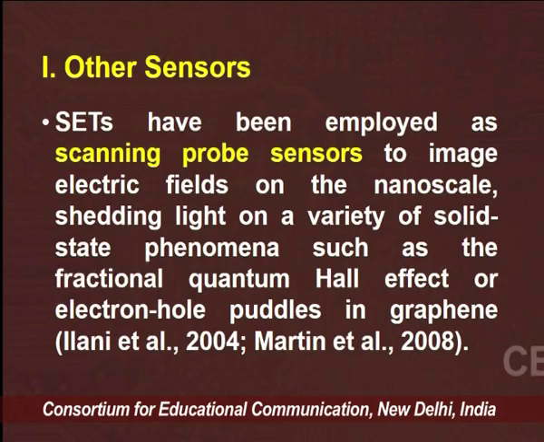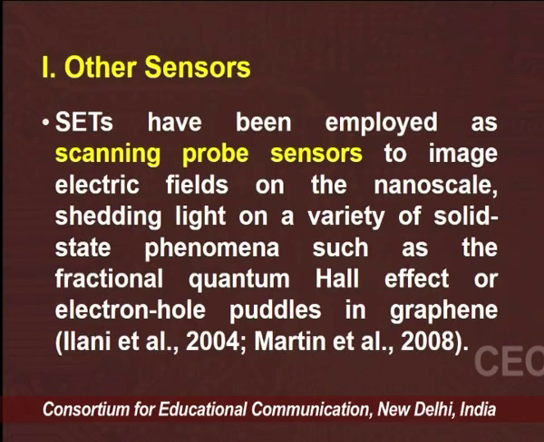So first we take the SET, which is employed as a scanning probe sensor to image electric fields on the nanoscale and shed light on a variety of solid state phenomena, such as the fractional quantum Hall effect or the electron-hole puddles in graphene.